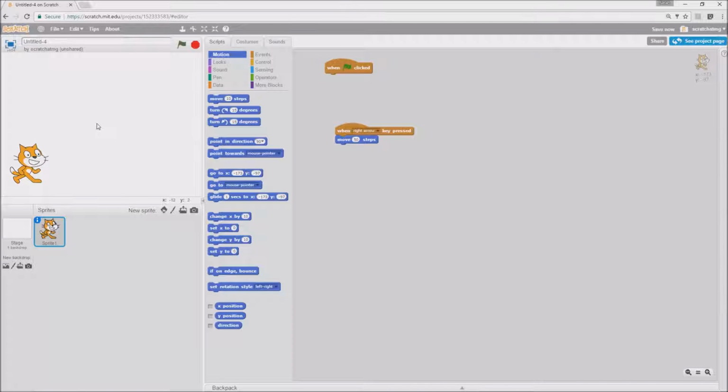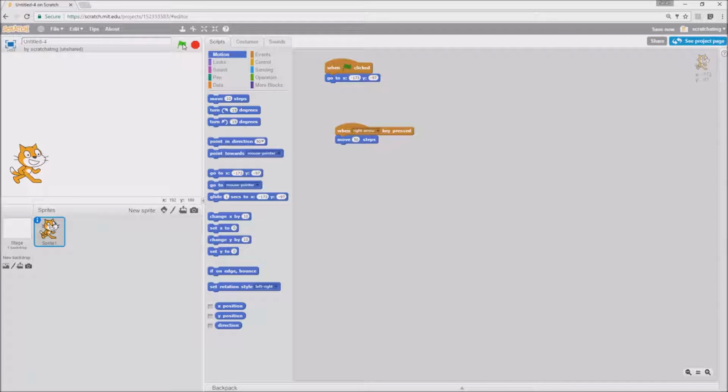Now we know the center of the stage should be 0, 0. So let's try to get our mouse right at 0, 0. Here we go. So where my mouse is, is the center of the stage. And then the cat is down at negative 173, negative 97. So that's what we want when the green flag is clicked. We want him over here in this position.